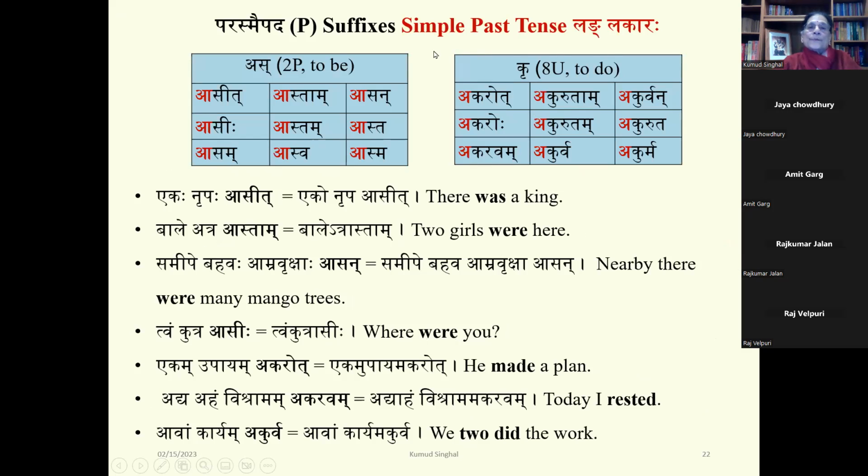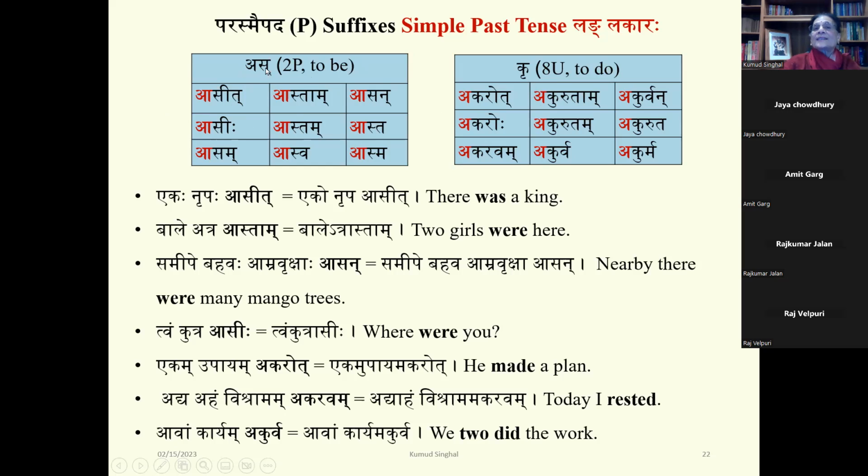Okay, I want to, as I mentioned before, the dhatu as and the dhatu kri, their conjugation, you should know, because they are used quite often. So I'm going to give the past tense conjugation. They will not be the same as the bhavadi gana because different rules apply. So you just have to know the final form.